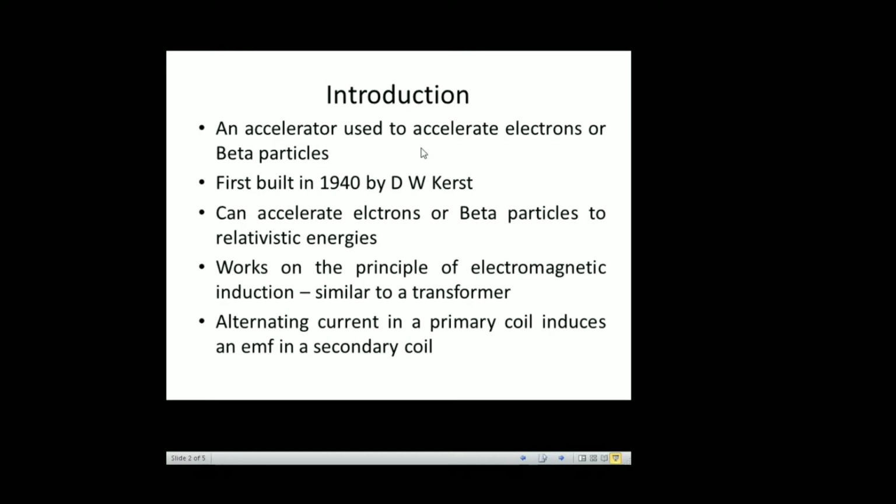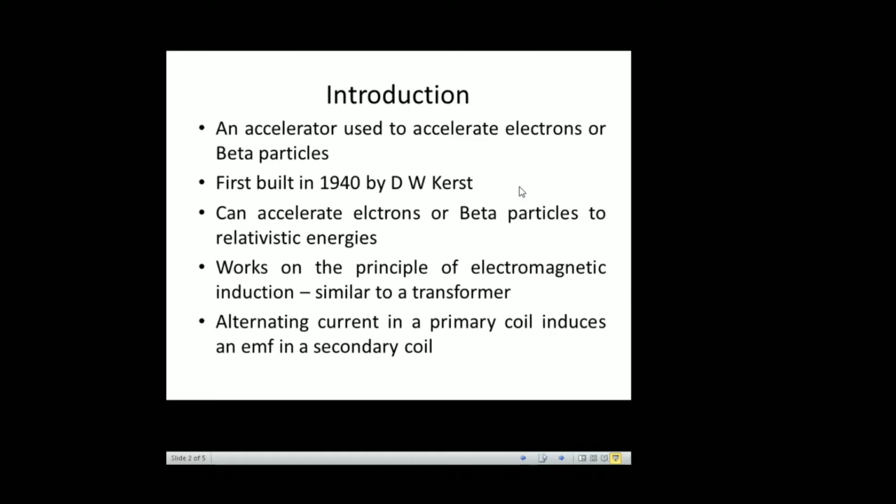But the limitation of a cyclotron is that when the particles attain relativistic speeds, a cyclotron can no longer effectively accelerate the particles because the cyclotron condition is no longer valid. Means when the particles attain relativistic speed, their relativistic mass increases and the condition is no longer satisfied.